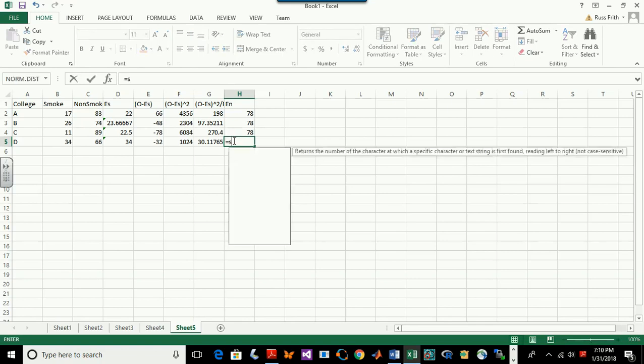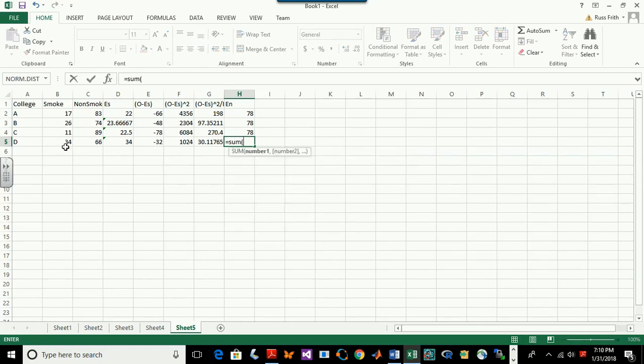Okay, so this would equal the sum of the row times the sum of the column divided by the sum of everybody.